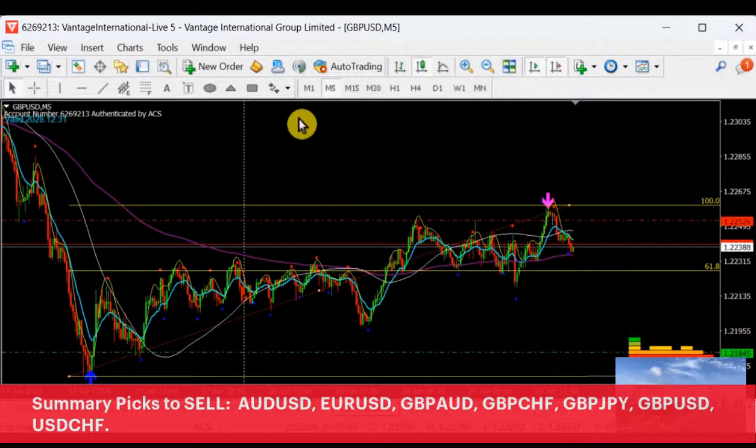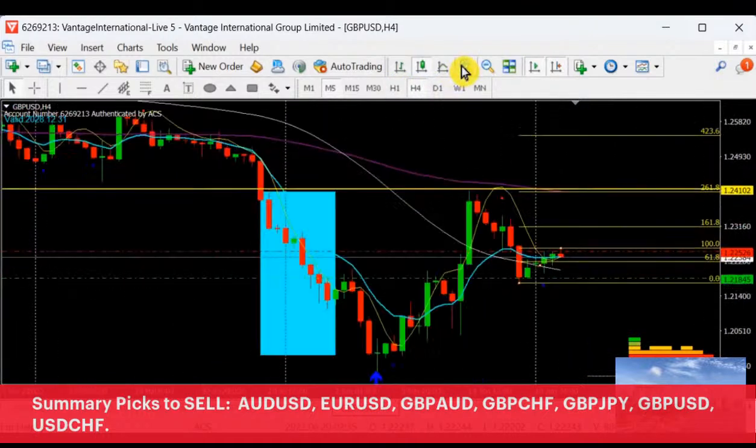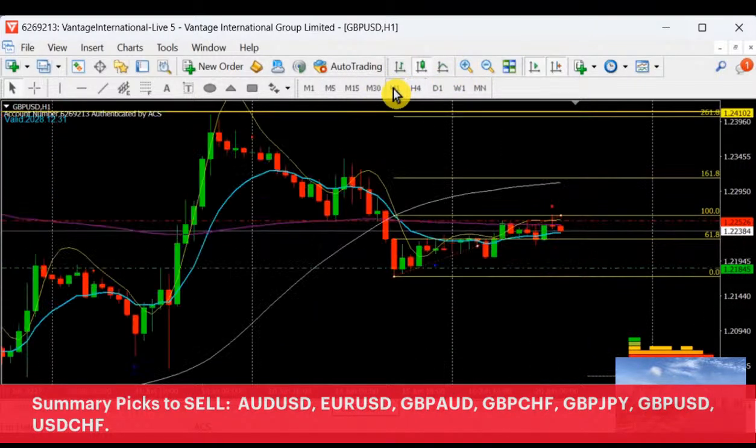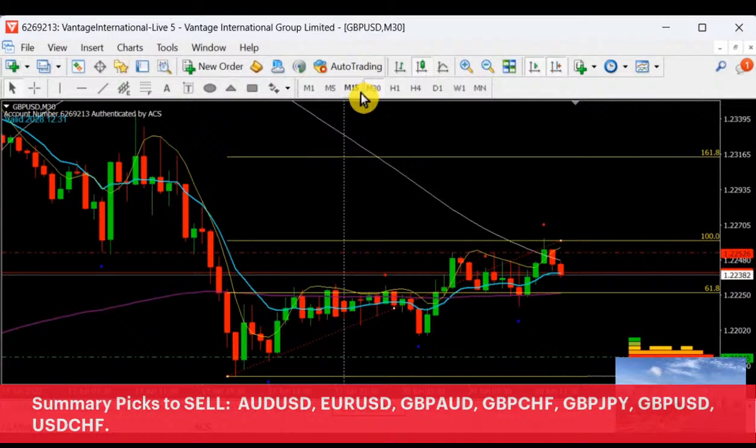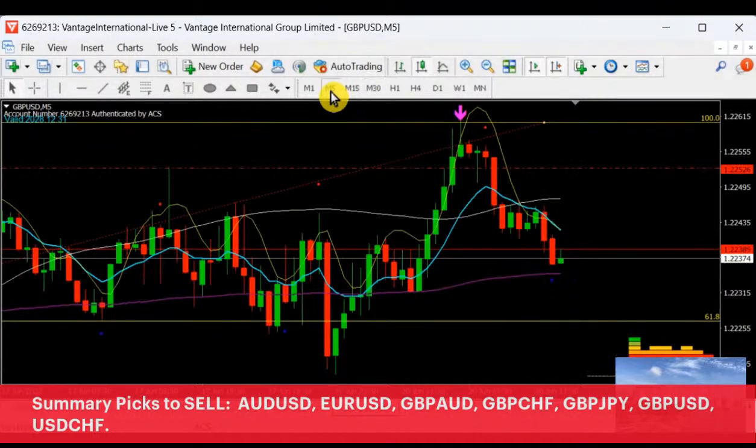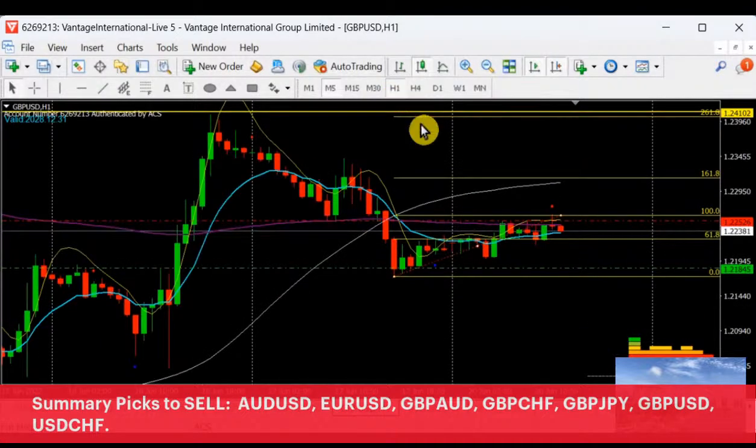This is the new M5 opening, so please be careful. Let's see if it will continue. Looking at this point, the M5 looks like it will still continue to test, very likely on the purple line here.